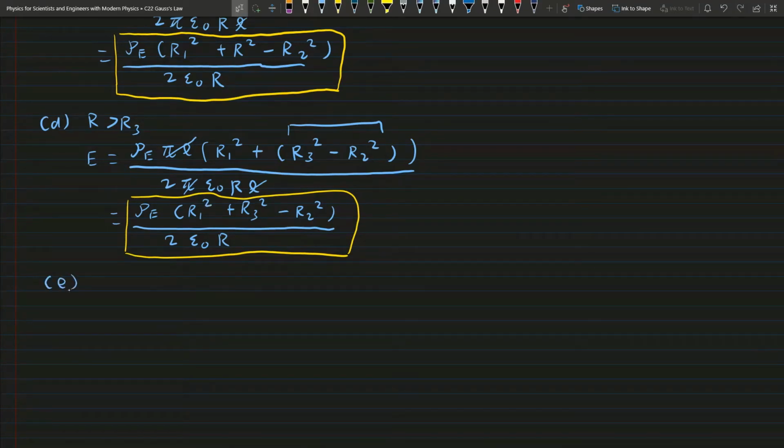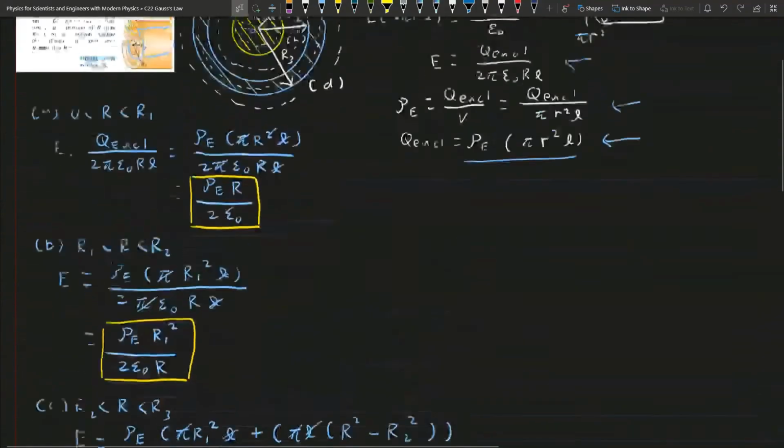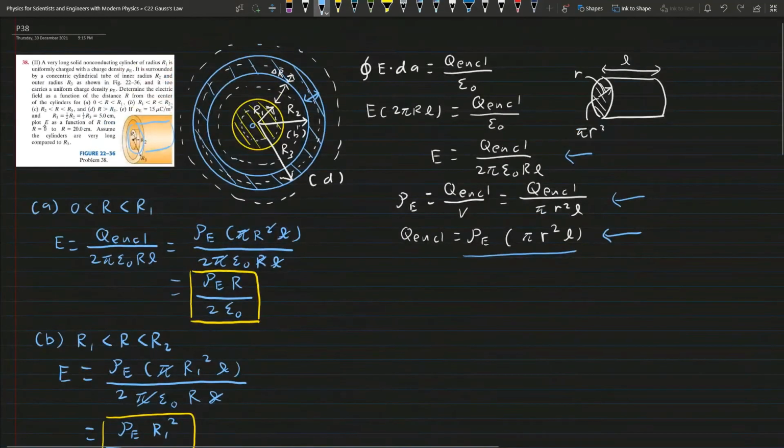This is E. E wants us to plot E as a function of R, and the charge density is given.